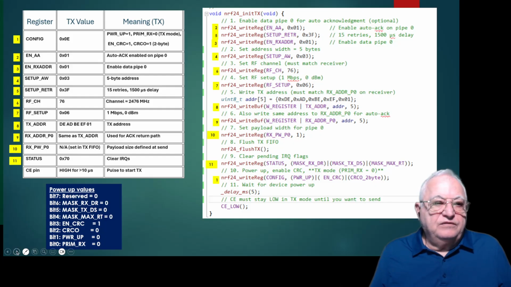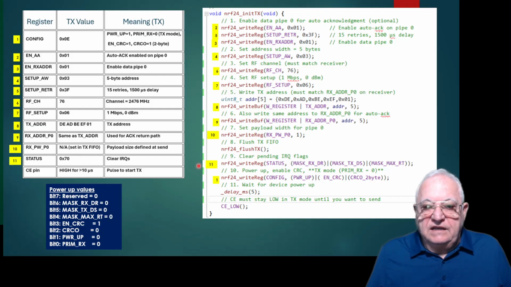Then I have to clear all. So before I get out of the init, I want to make sure that all my registers have been reset, so I know that they are going to trigger. So here I have the status, and then I use this mask RX TS.